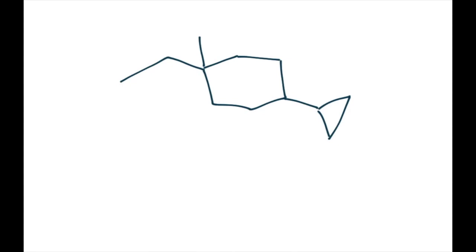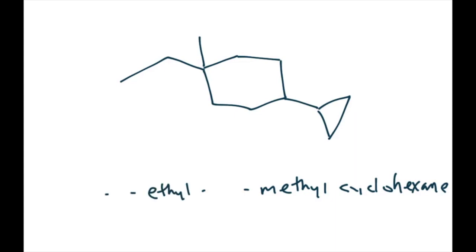All right, so parent hydrocarbon here. Just giving the game away: cyclohexane, right? I have a methyl and an ethyl. And now, cyclo as a prefix isn't telling me a number, it's telling me the structure of the substituent.